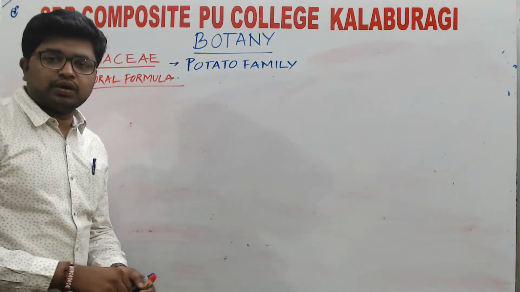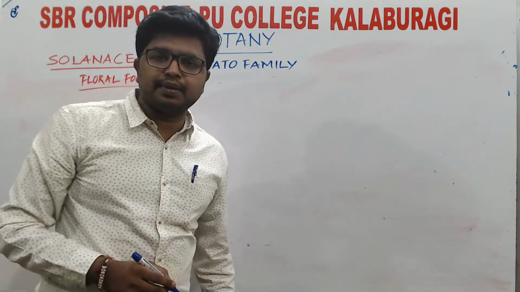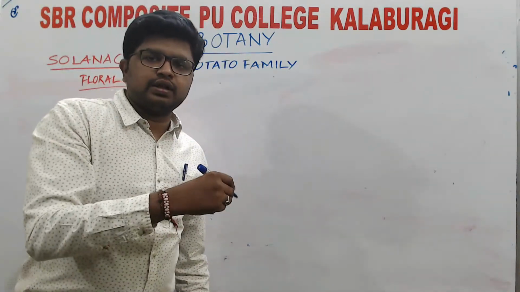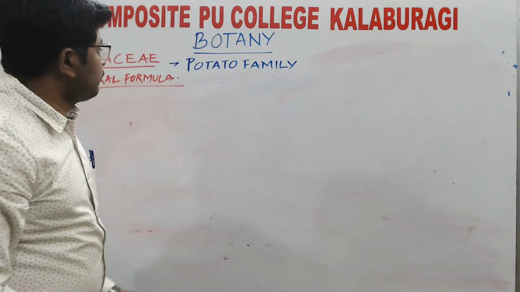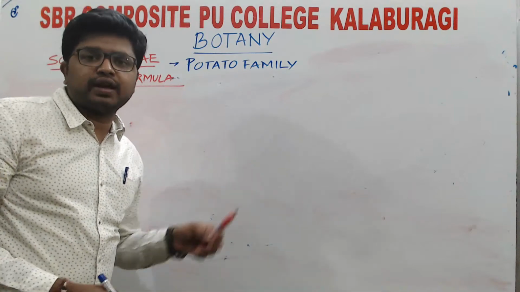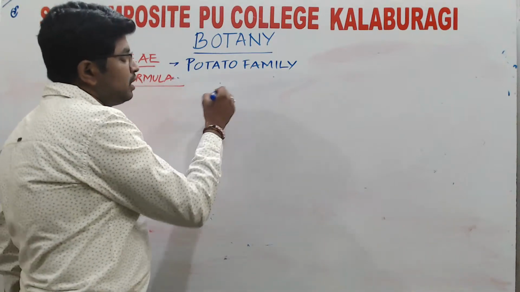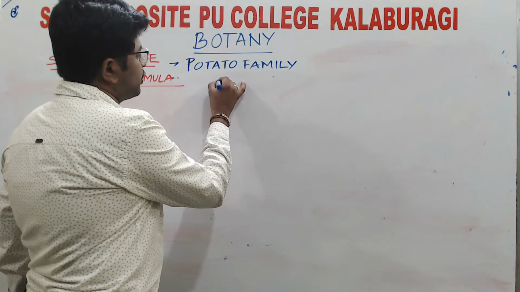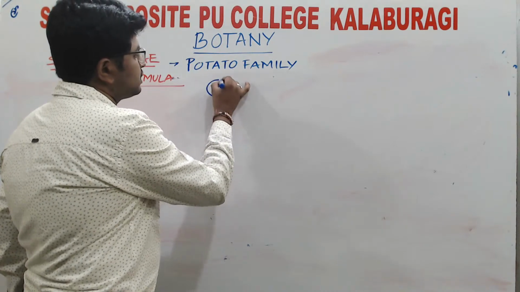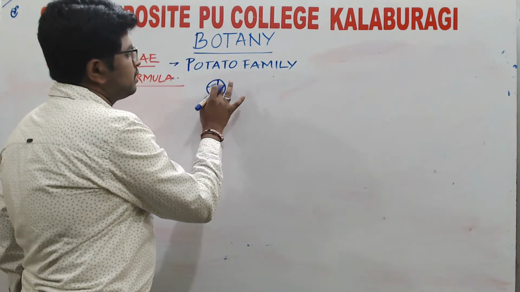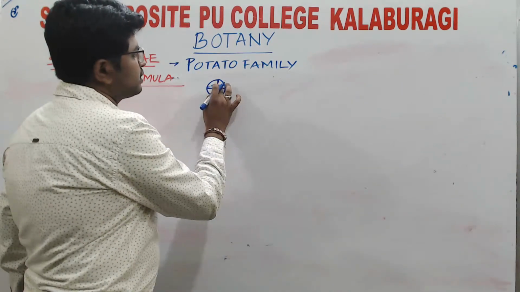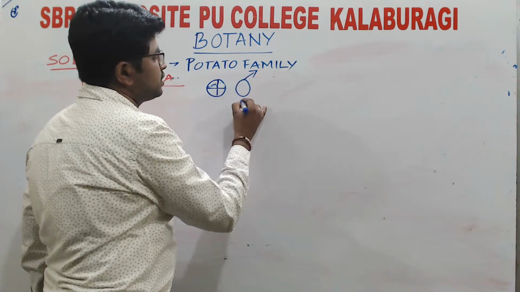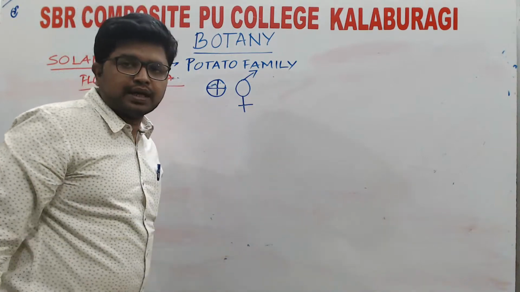What is this floral formula? Yesterday we learned the symbols. Now, easily, after seeing what we have written, the diagnostic features, we have to mention them here. We only consider the floral characters. The first thing we mentioned is the flower. The flower is actinomorphic, so we write the actinomorphic symbol, this one. The next is bisexual. The flower is bisexual. This is the symbol meant for bisexual.